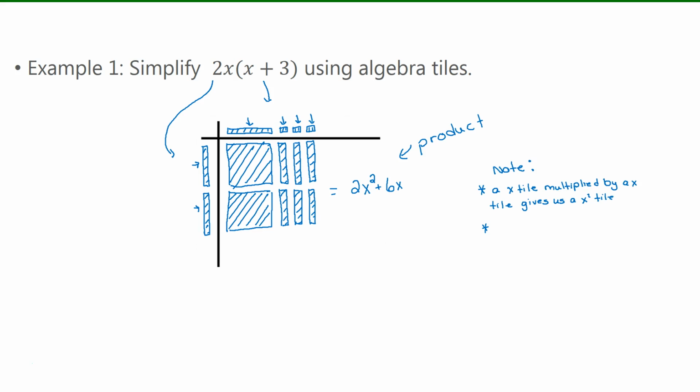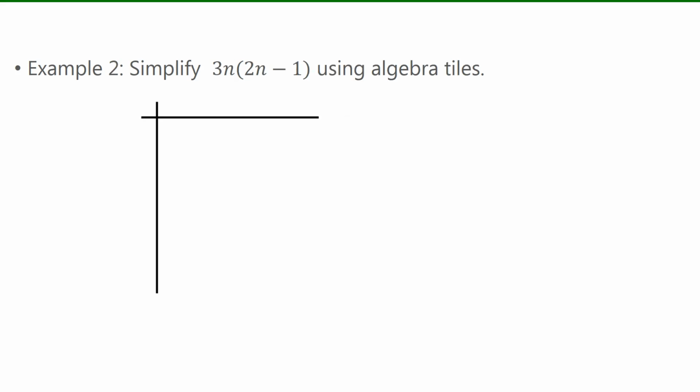And the other thing we had here is when we multiplied an x tile with a 1, we end up getting an x tile. So an x tile multiplied by a 1 tile gives us an x tile. So we'll use this now when we go to simplify example 2.